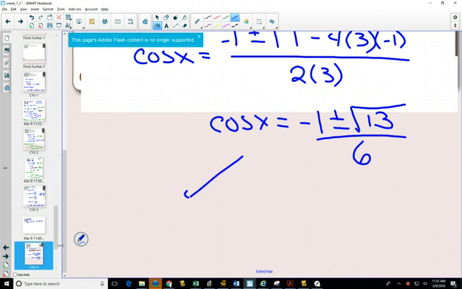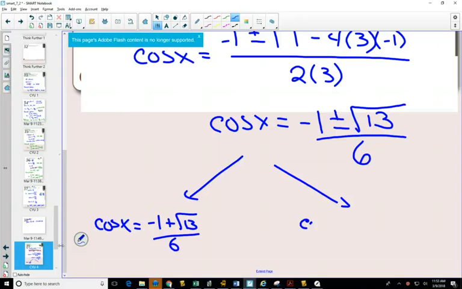And this can be split up into 2 separate equations. We would have cos of x equals negative 1 plus the square root of 13 over 6, and cos of x equals negative 1 minus the square root of 13 over 6.